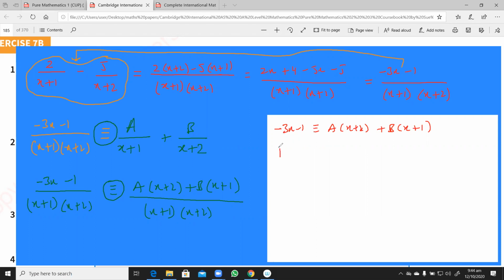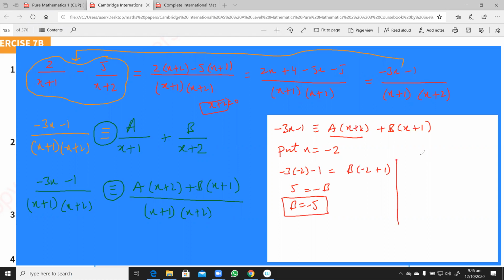I will intentionally put x equal to minus 2, because I want x plus 2 to be 0 so that a is eliminated. When I put x as minus 2, all of this term will be gone and I will only have b with me. So this is minus 3 into minus 2 minus 1, that is equal to b into minus 2 plus 1. This is 5, that is equal to minus b. So your b is equal to minus 5.